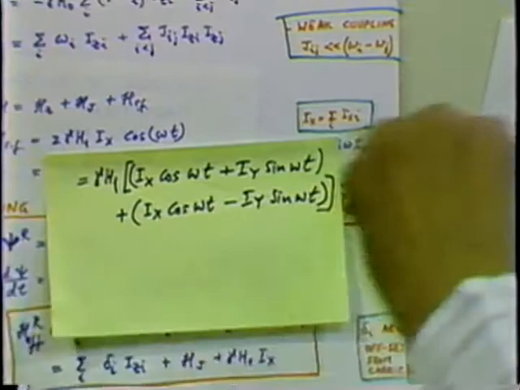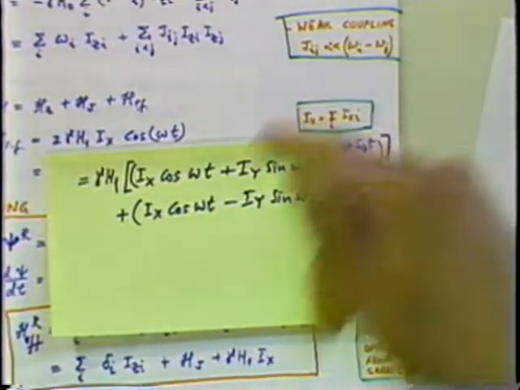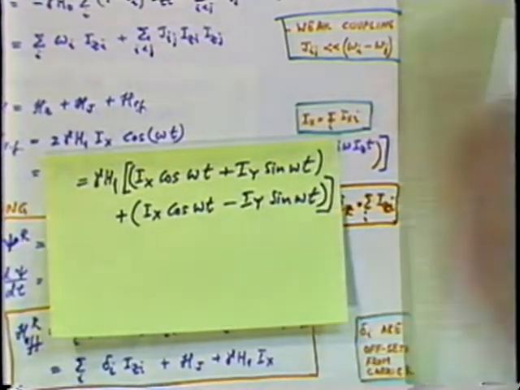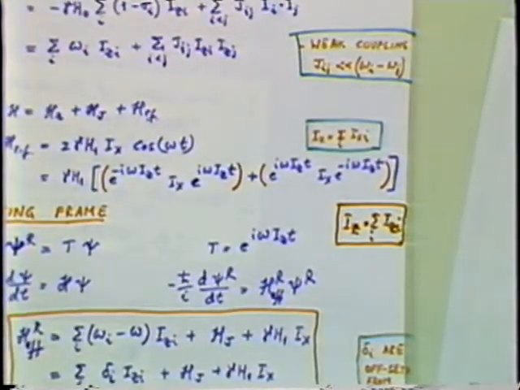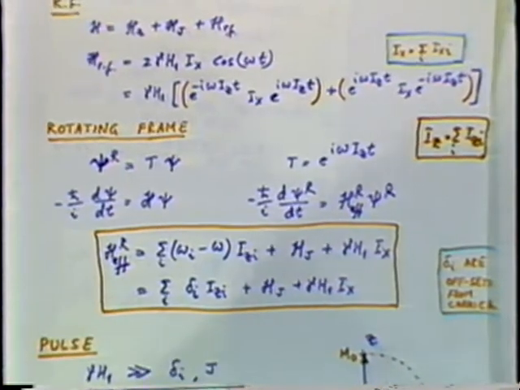One can very easily see that what I have written down is two counter-rotating parts, one which is like this, Ix plus Iy, another is Ix minus Iy, and so this is a slightly different way of writing the same thing. Then we define a rotating frame, a very useful concept in NMR.